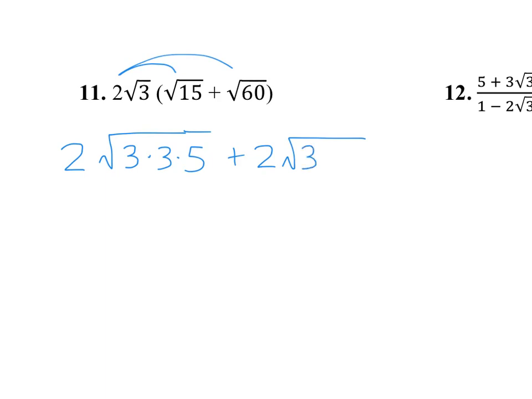So I have the 3 that was in the front already. 60. 60 can be broken down. So I want to try to make pairs when possible. So 60 is 3 times 20.